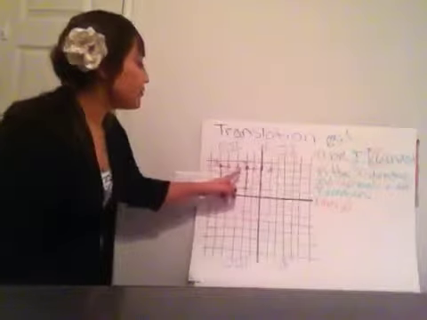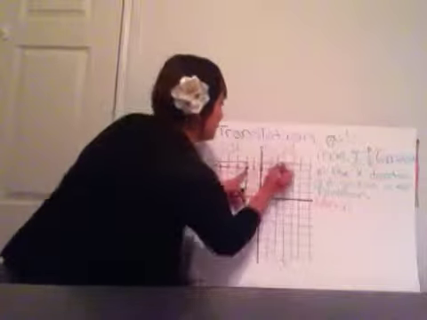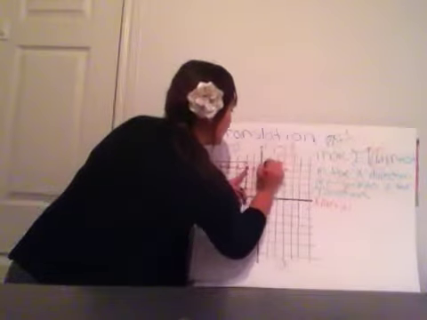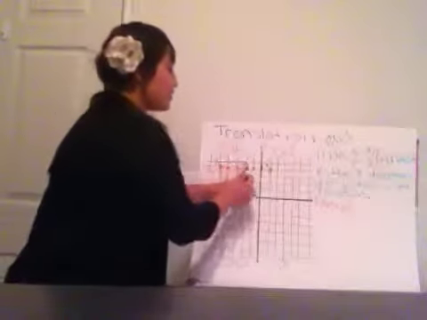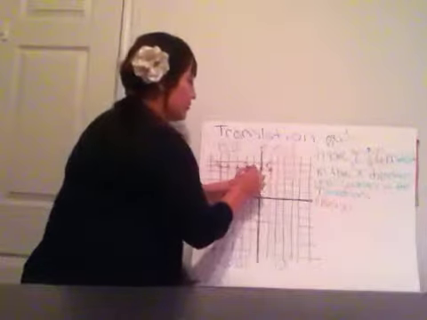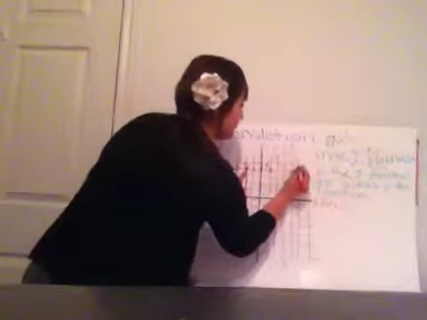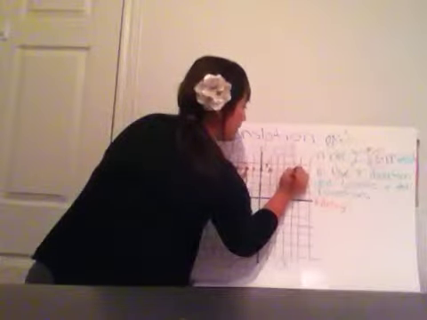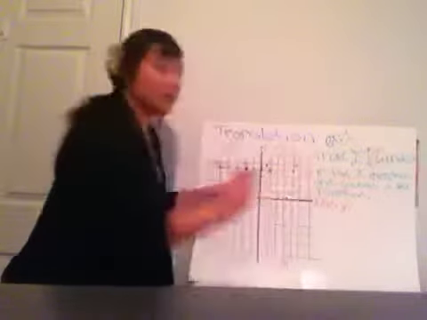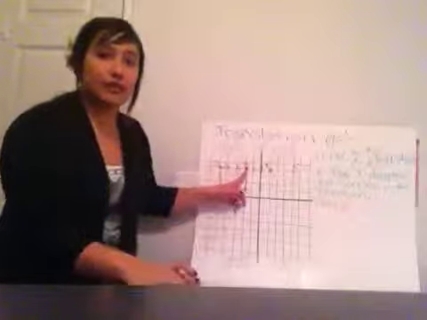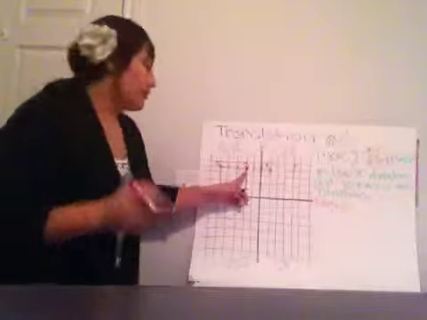Now, let's move our B. Here's our new point. This is A prime. Let's go to our B. 6 units. 1, 2, 3, 4, 5, 6. Here is where it would land, B prime. But we're not done yet. We still have to move down, but let's go step by step first.